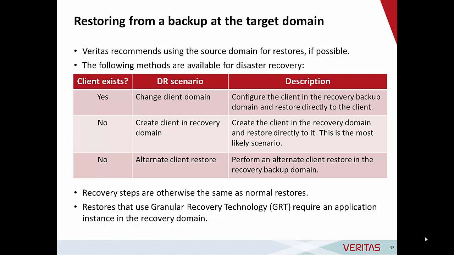Rather than rebuilding a whole new server, maybe there's an existing server in the target domain which can host this data, and I only need to restore some files or restore one instance of an application. The steps to do this are the same as they would be for any other restore. Just remember that if you want to use GRT, granular recovery technology, you do need an application instance that's compatible in the recovery domain.